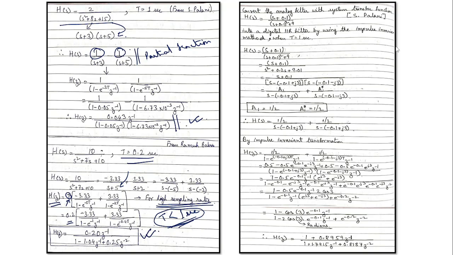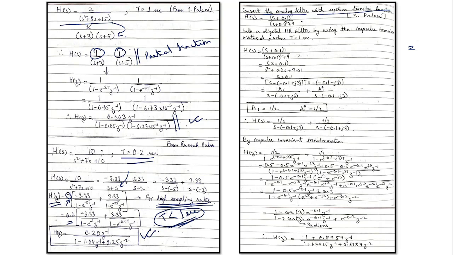Now in the next question, we have to convert the analog filter with system transfer function, which has been given by H(s) equal to s plus 0.1 divided by (s plus 0.1) whole square plus 9. Okay.